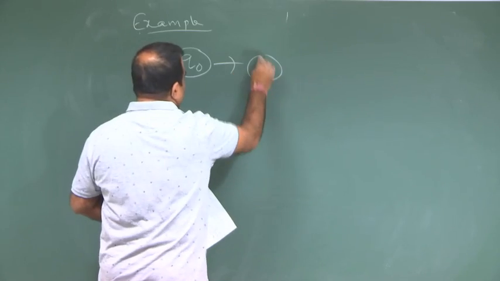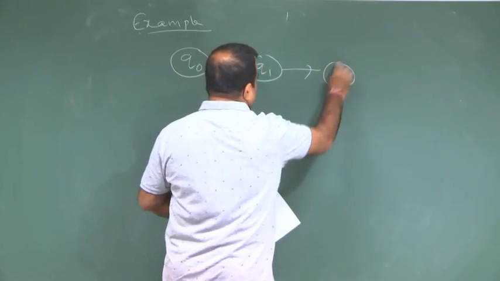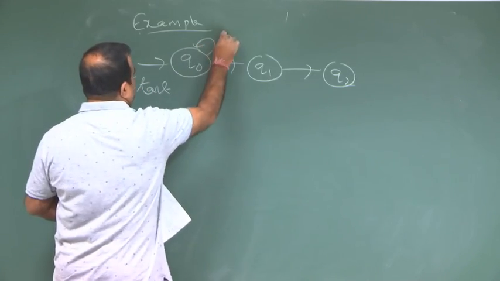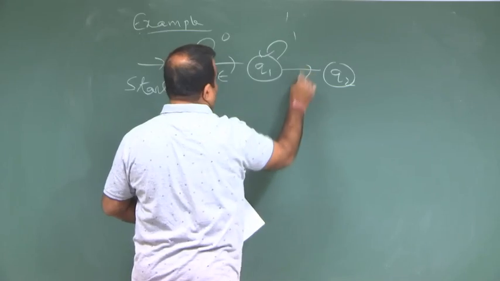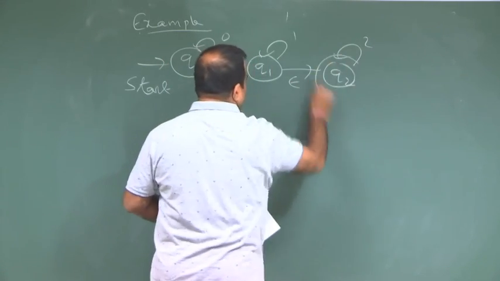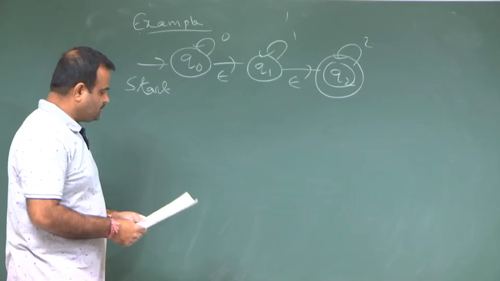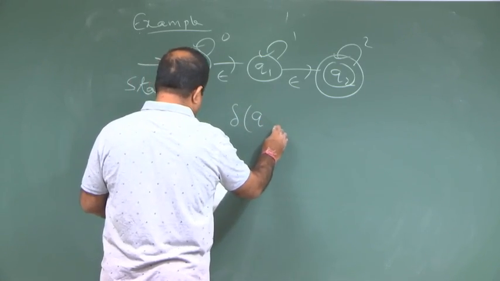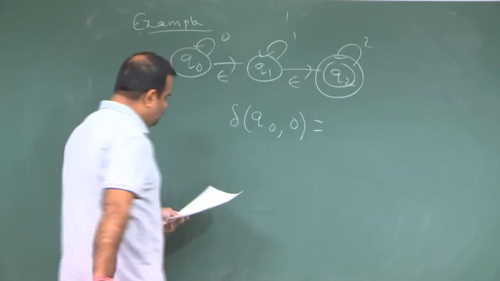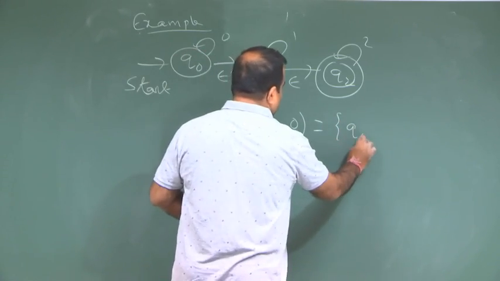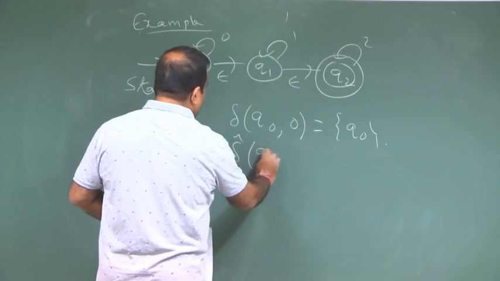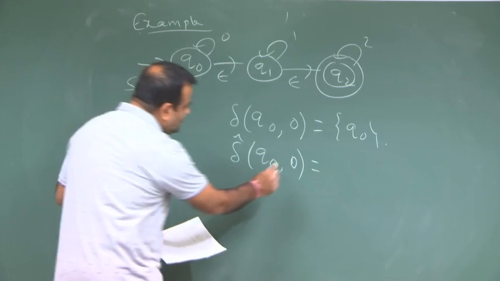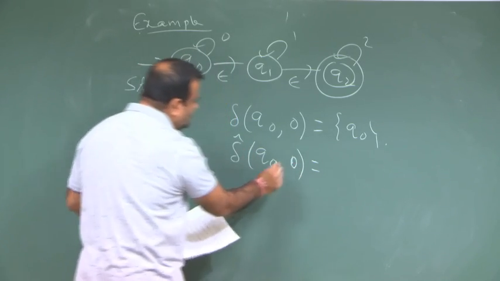q0, q1, q2. So, this is the starting state, this is epsilon move 1, this is epsilon move 2, then this is the final state. Now, delta of q0 comma 0 is q0, but delta hat of q0 comma 0, if we consider, because when you talk about delta hat we treat this as a string.